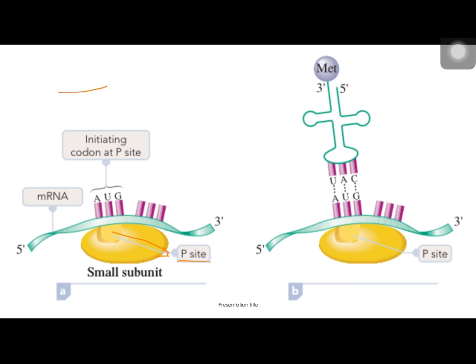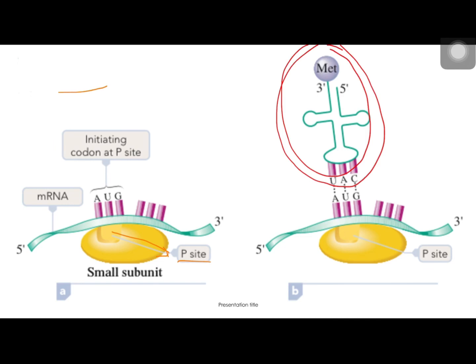Then a tRNA carrying methionine attaches to the first codon. This is our tRNA. Our first codon is AUG, right? So the anticodon that the tRNA carries should match the first codon in our mRNA.